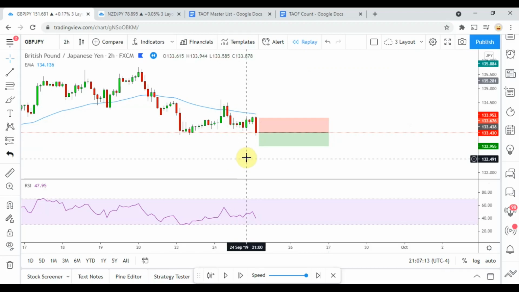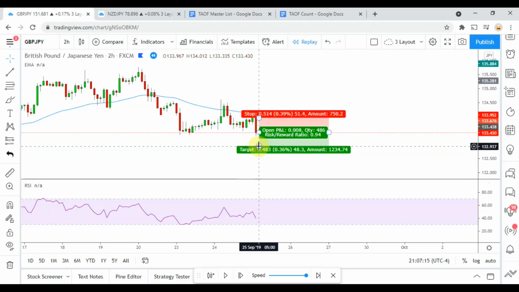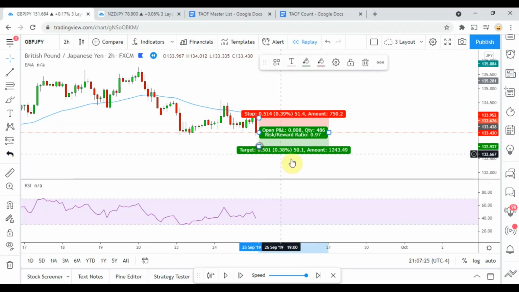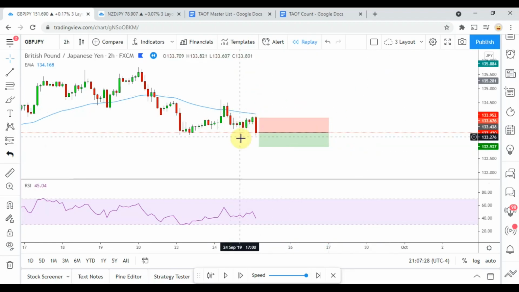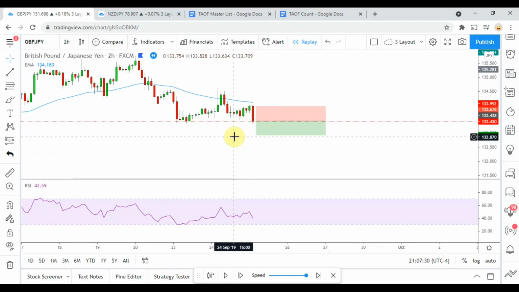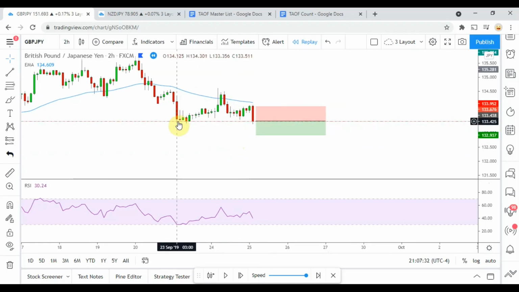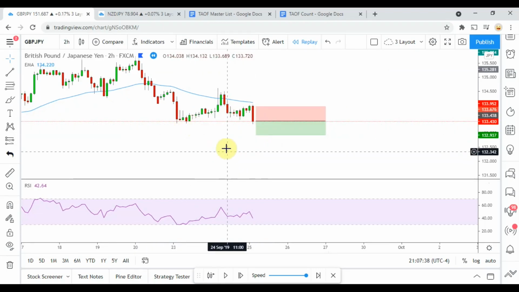We are looking for a 1-to-1 risk reward in this particular case, and we would close out half the trade at 1-to-1, and then let the rest run as far as we can, whether you want to use your own exit or take it at the full retracement, where it drops all the way back down to here. That's totally up to you.